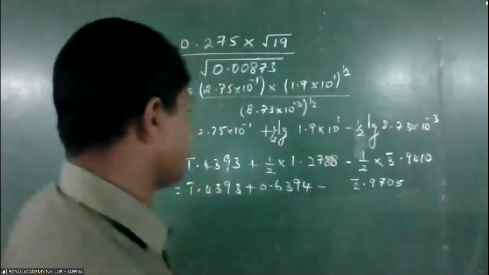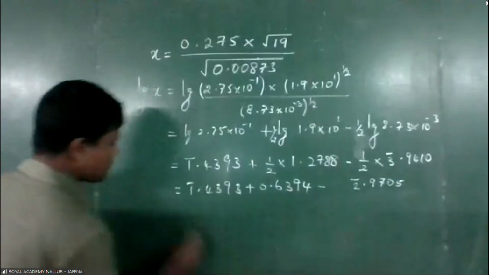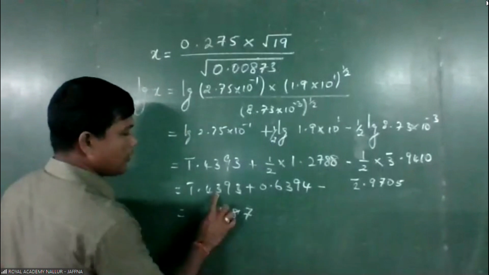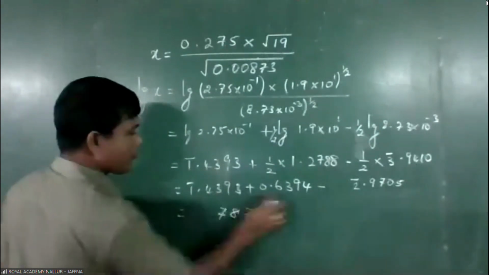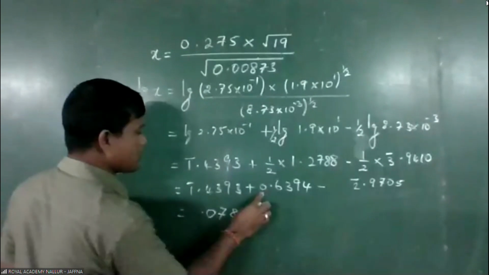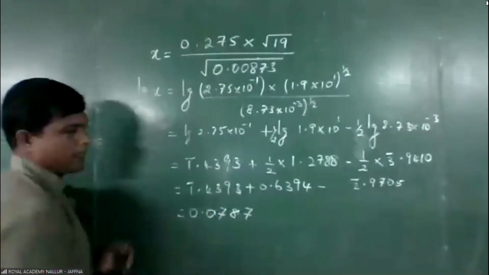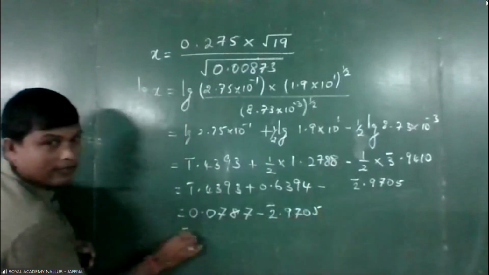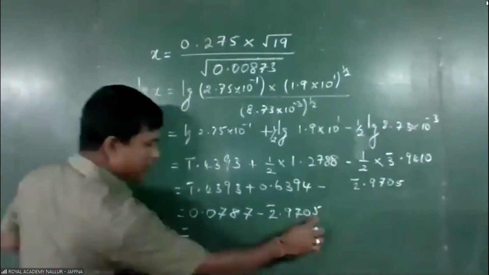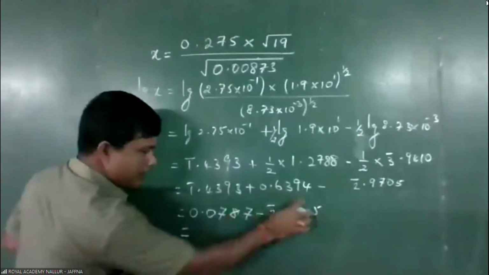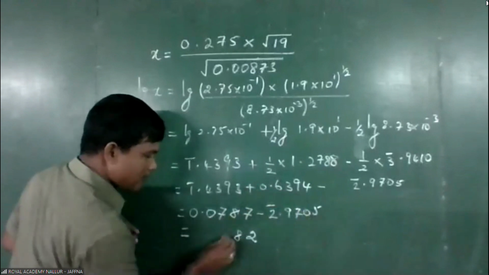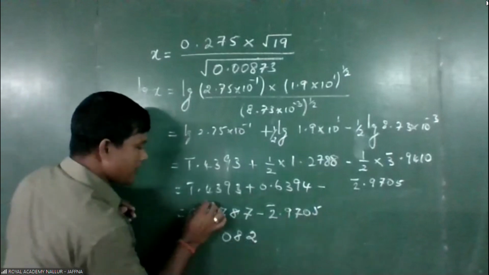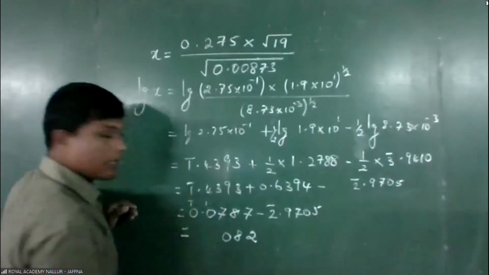Right? That answer clear. Now, sum of these two and subtract. When you add these two, 3 plus 4, 7, 9 plus 9, 18, 1, 4 plus 3, 7, 4 plus 6, 10, 1 remaining. That one is plus 1. So plus 1 bar 1 is 0. Minus bar 2.9705. Again, this answer will be 7 minus 5 is 2. 8 minus 0 is 8. 7 minus 7, 0. 0 minus 9 cannot be. So you take 1 here by giving bar 1 there.